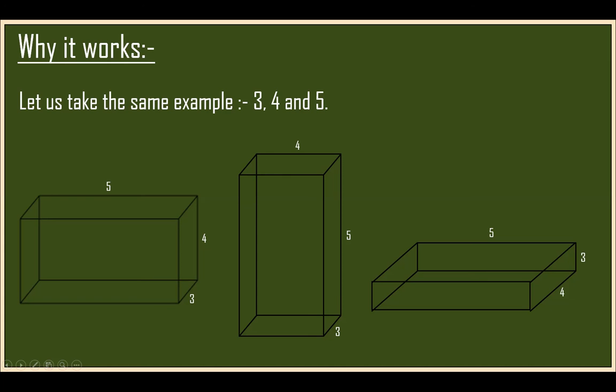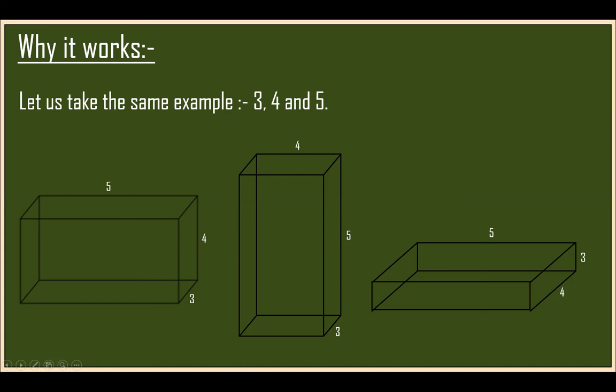Here the height of the cuboid in the first image is 4, the breadth is 3, and the length is 5. When we rotate this shape, these values change, and then we can multiply them in a different order.